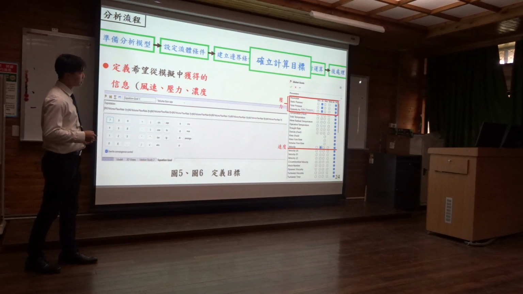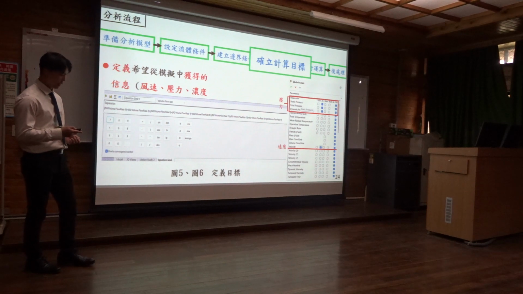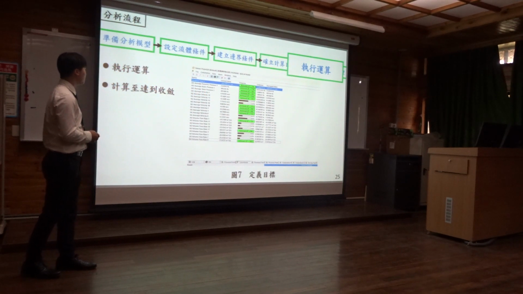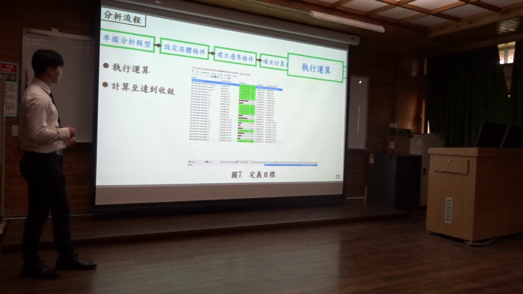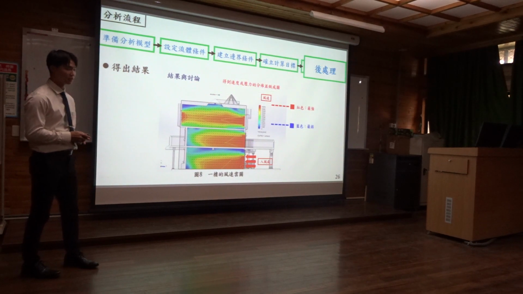We select the parameters we need, like pressure and velocity, and run the calculation to achieve convergence, and finally get the result.